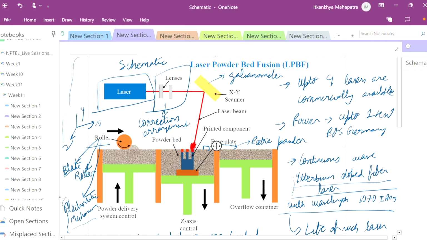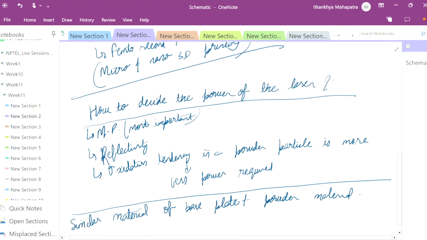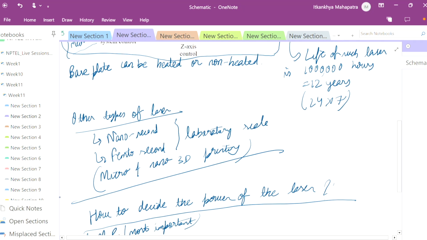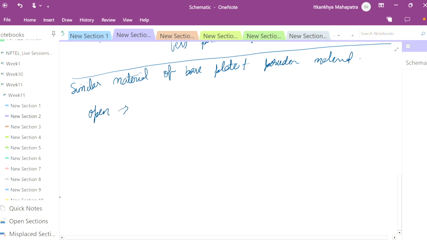Now, this is in a chamber. Sometimes it is closed. Now open is also used. Open is for polymers. In a closed chamber, we need to reduce the oxidation.